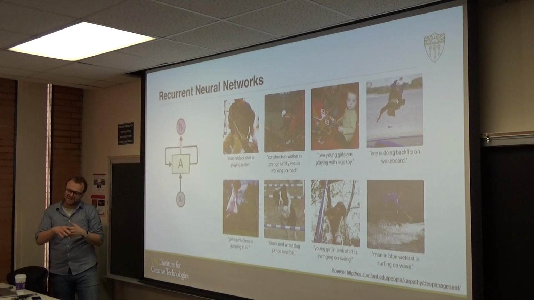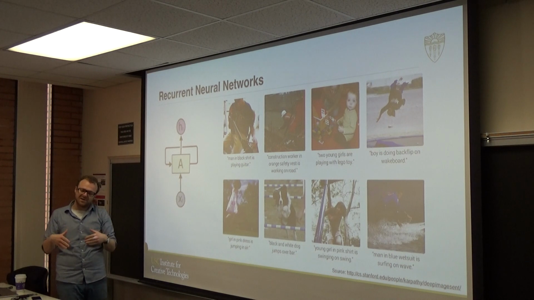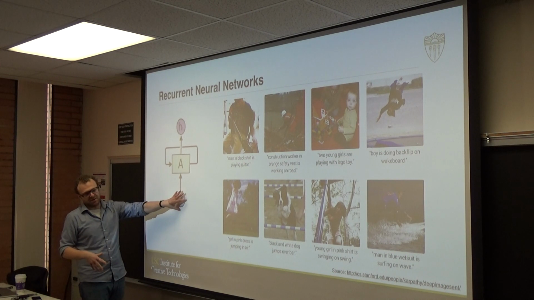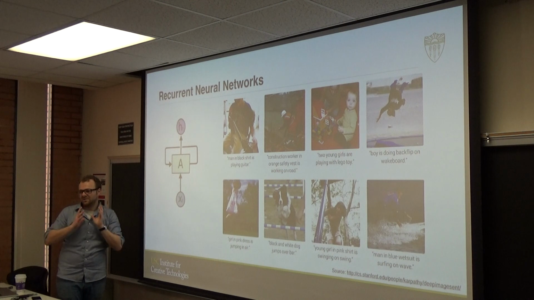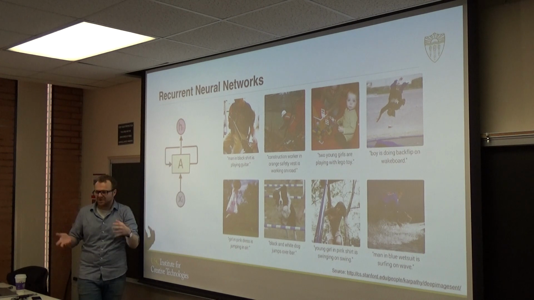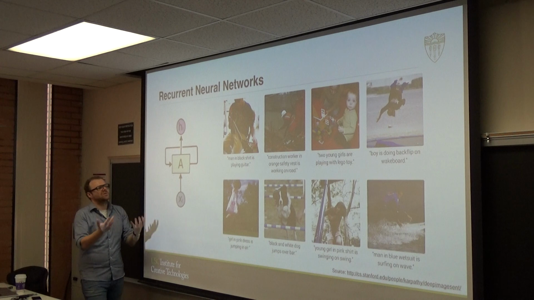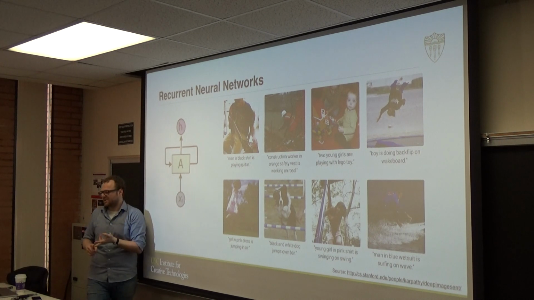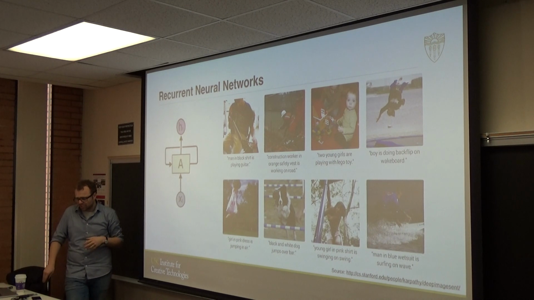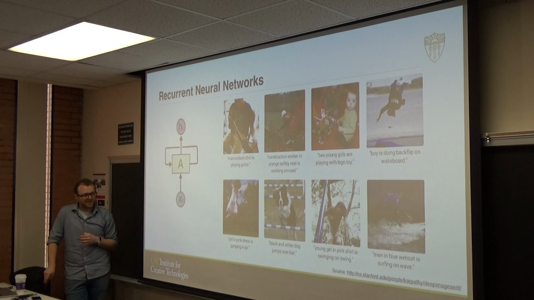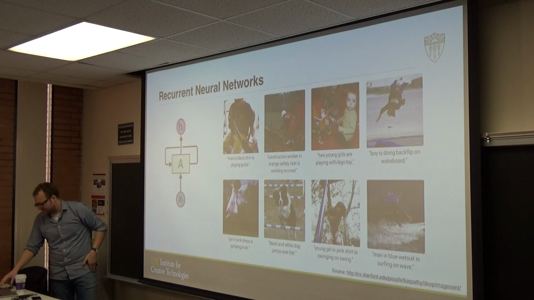They use external input that comes in sequence, so you get one image after another, but you're also keeping information about the previous state in mind. This is how you can analyze videos, how you can generate captions for pictures, and how you can do speech recognition. Okay, so just again as a flavor.